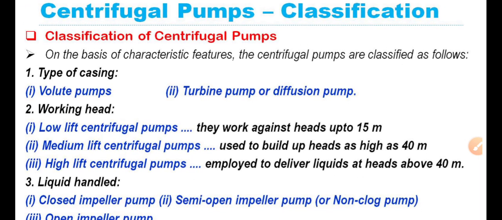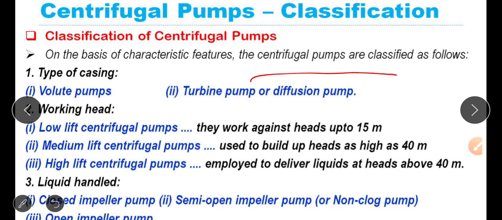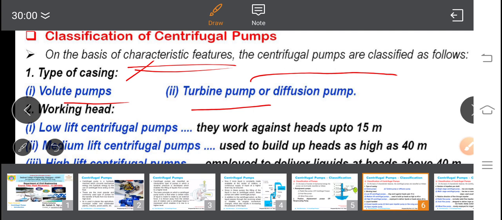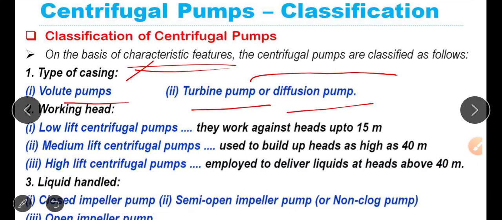Another basis would be on the basis of characteristic features. Based on type of casing, we can classify into volute pumps, turbine pumps or diffusion pumps.